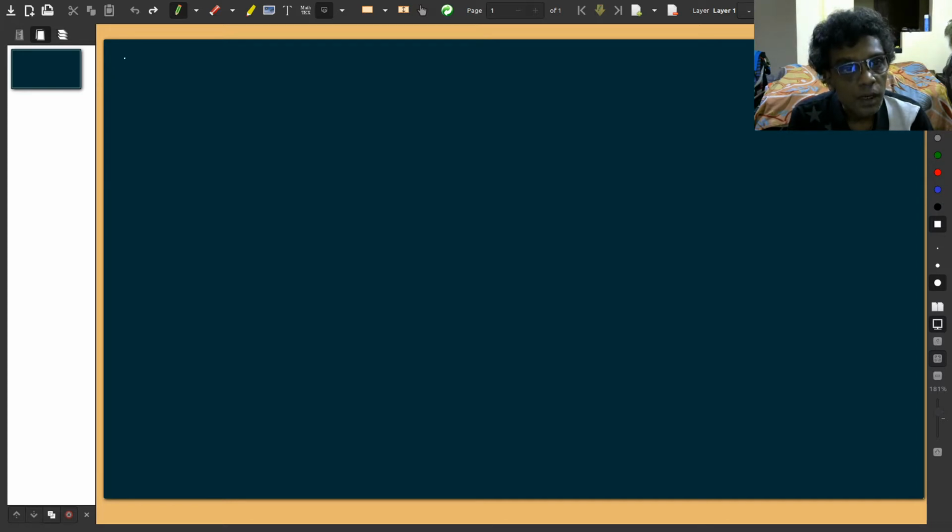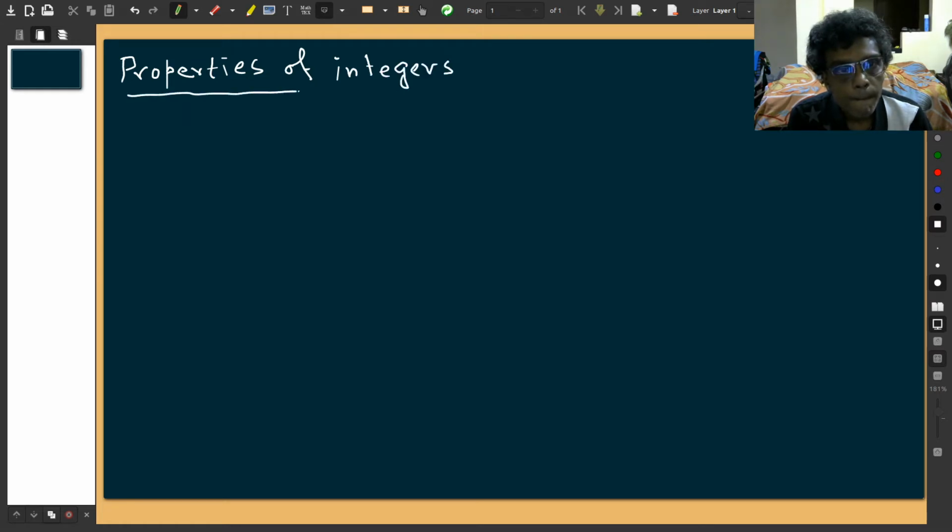So these are some fundamental properties of integers. Okay, so there are quite a few results we will see. One by one, I introduce all the things.